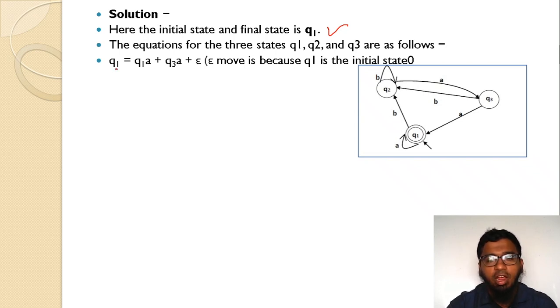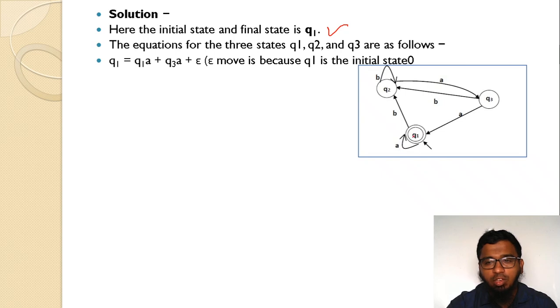In the state diagram, first I am writing the equation for Q1. Q1 equals Q1 on A going to Q1. How can you write the equation? The basic thing is, whenever you are looking at any state, you need to see how many transitions are coming into Q1.